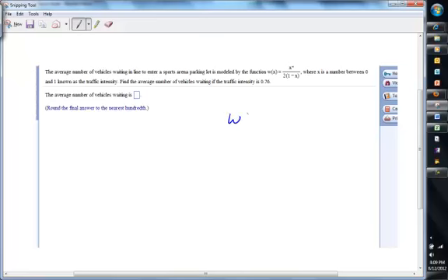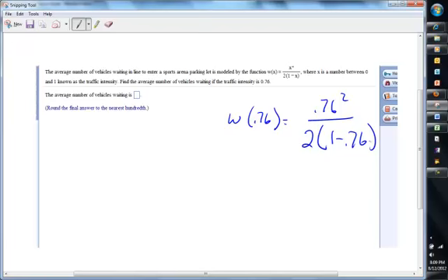So w of 0.76 is 0.76 squared over 2 times 1 minus 0.76. So let's enter that on our calculator. Fraction key, 0.76 squared over 2 parentheses 1 minus 0.76 close parentheses equals.